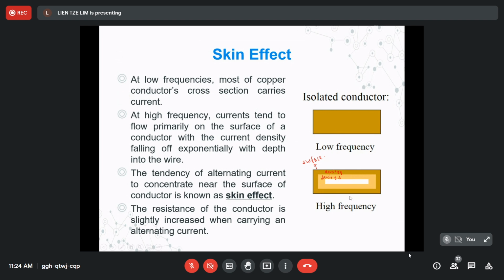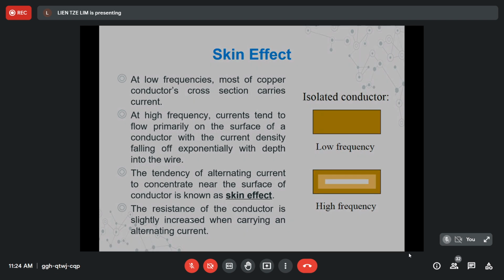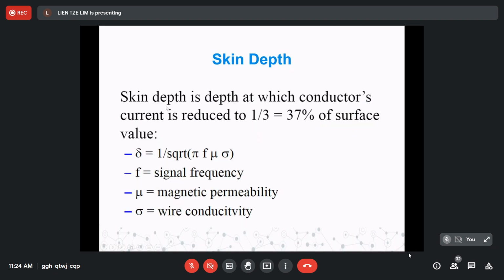It only occurs when there is an alternating current. The resistance of the conductor is slightly increased when carrying an alternating current. Skin depth is the depth at which the conductor current is reduced to 37% of the surface value.